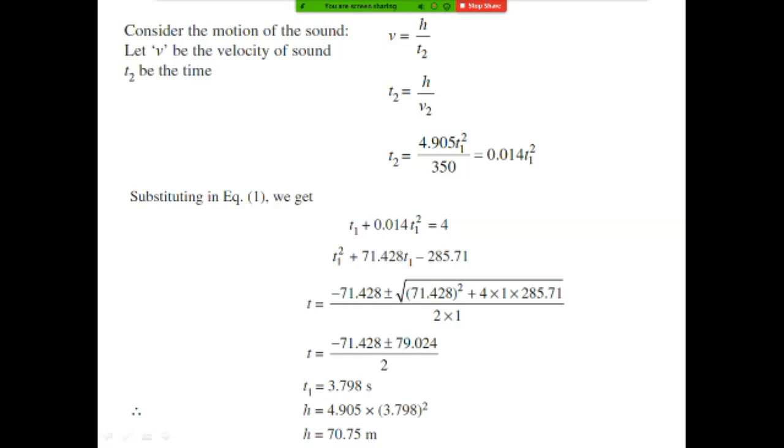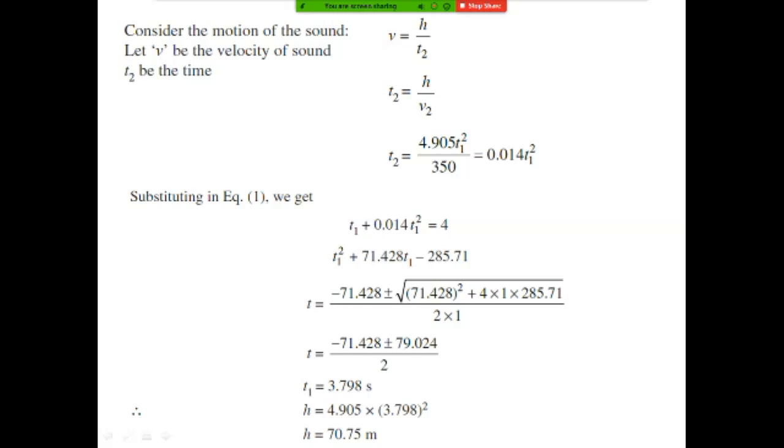T1 plus T2 is equal to 4. Now I substitute T2 in terms of T1. Now it is a quadratic equation of the form ax square plus bx plus c.